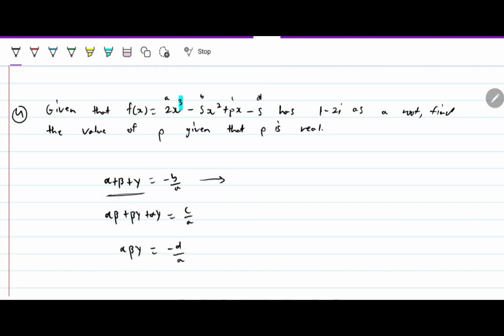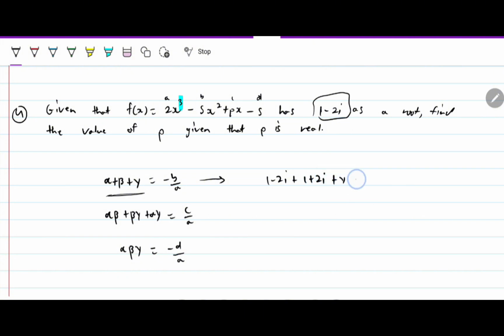Let's see what happens there. Alpha plus beta plus gamma. Let's say alpha is 1 minus 2i, right? That's one of our roots. What is beta going to be? Well, remember what I said. Complex roots occur in conjugate pairs. So the other root will be 1 plus 2i. There's a third root. We don't know that. We got to find it, right?